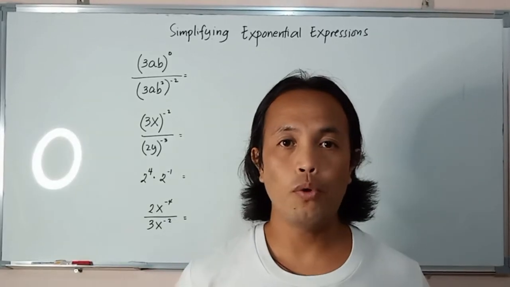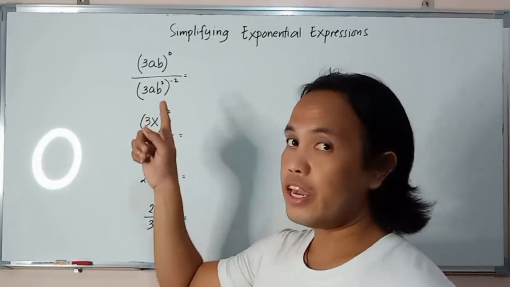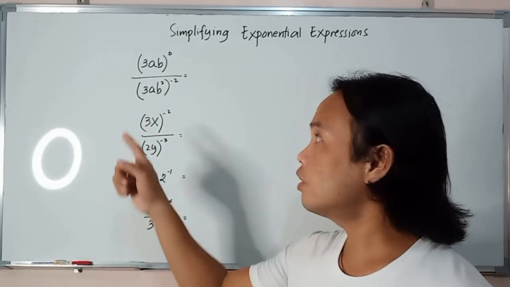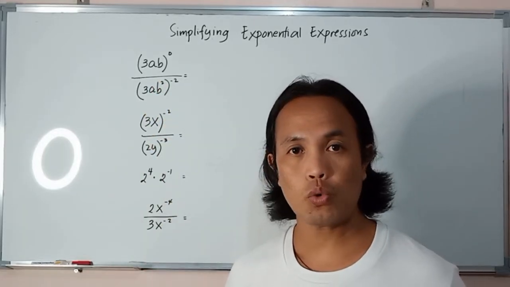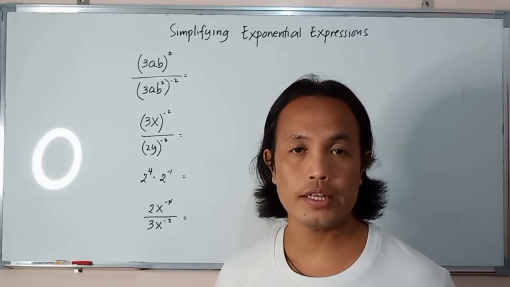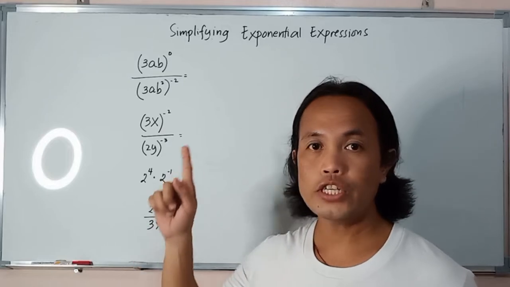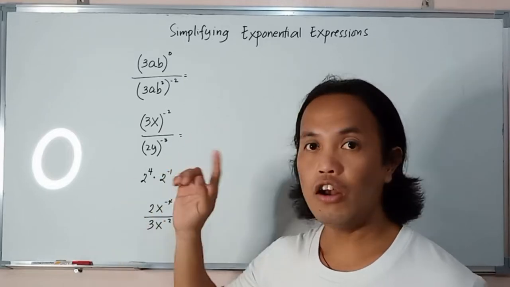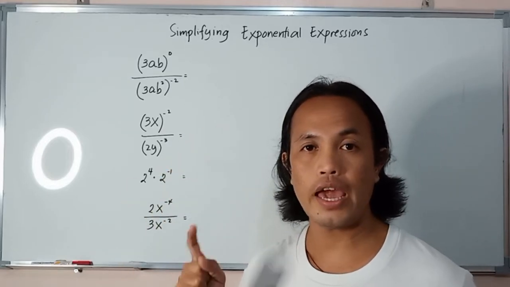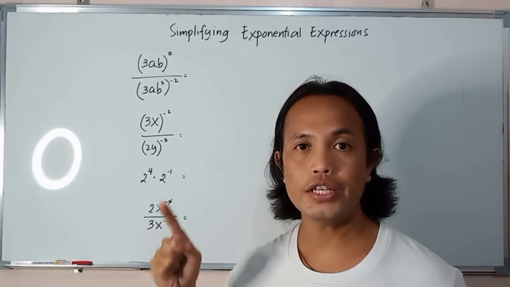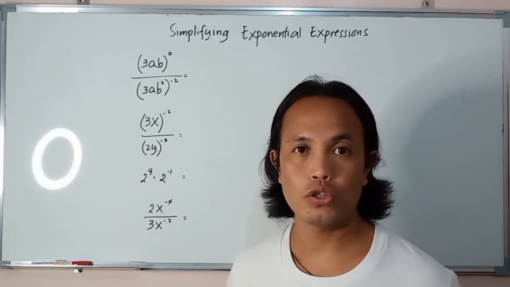So example number one, we are given (3ab)^0 over (3ab^2)^-2. So we will simplify first the numerator, which has a 0 exponent. The law on 0 exponent states that any non-zero number raised to 0 is just equal to 1.